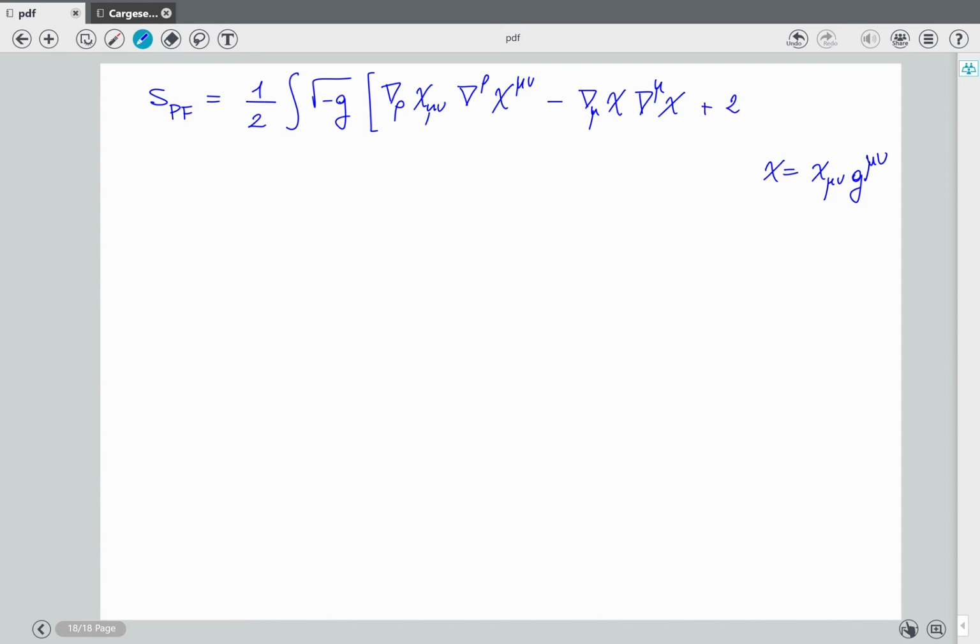Then you have plus 2 del mu chi del nu chi mu nu, minus 2 del mu chi nu rho del rho chi mu nu, minus m squared chi mu nu chi mu nu minus chi squared.